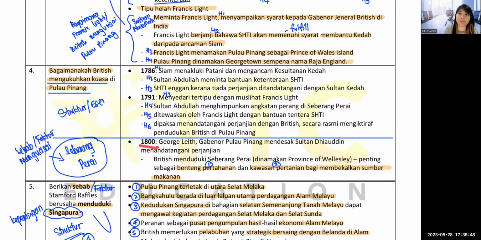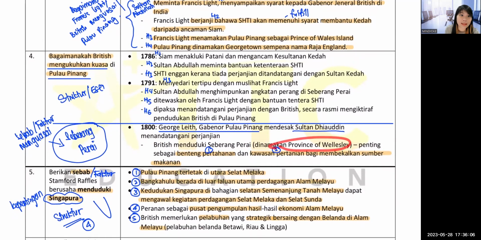From 1800, George Leith, Governor of Pulau Pinang, forced Sultan Dziyauddin to sign an agreement between George Leith and Sultan Dziyauddin. And therefore, the British took over Seberang Perai and named it Province Wellesley. What is the purpose of Seberang Perai?